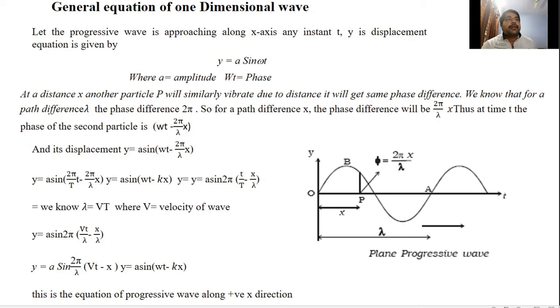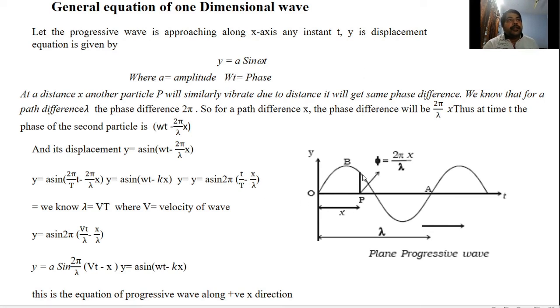Now let us consider a progressive wave traveling along the positive x direction. At any instant, the displacement of the particle is given by y = a sin ωt. Here a is the amplitude, ωt is the phase, and ω is the angular velocity or angular frequency.